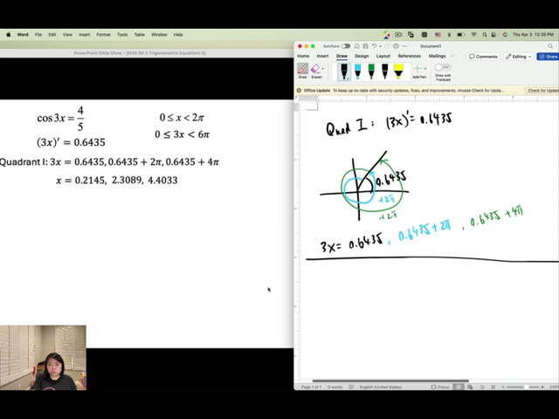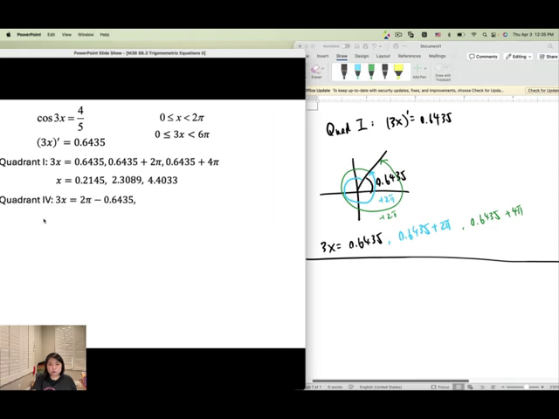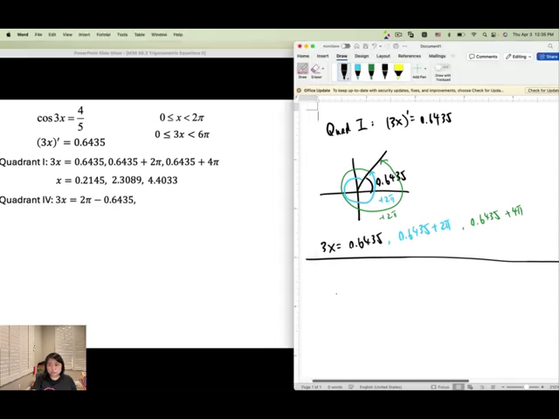Cosine is positive. This is quadrant 1. Another one will be in quadrant 4. So the reference angle will be here, 0.6435. This is my first solution: we're going to use 2 pi minus 0.6435.